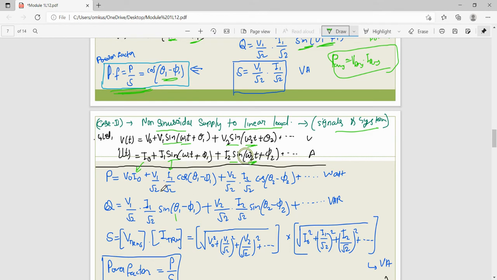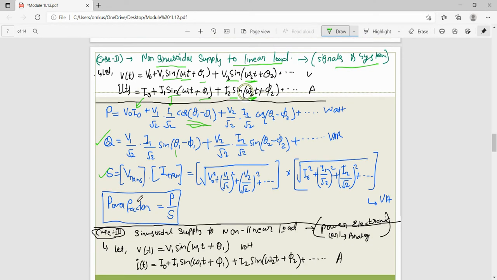When you multiply, you will find this value, and the angle between them is the voltage angle minus the current angle, right? In a similar way you can also find the reactive power and apparent power.